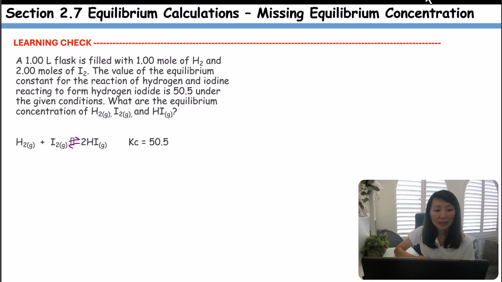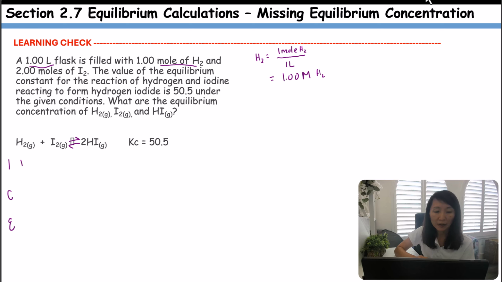Now, I'm going to set you up before you begin with the ICE table. In the very beginning, you have 1 mole of this in a 1 liter flask. What that means is for H2, you have 1 mole of H2 over 1 liter. Well, that is the same as 1.00 molarity of H2.